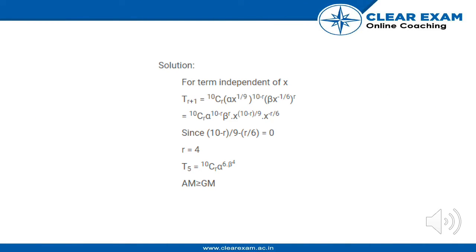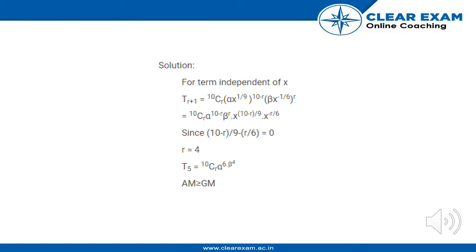And the solution is, for the term independent of x, we are calculating T(r+1) is equal to 10Cr into (alpha x^(1/9))^(10-r) into (beta x^(-1/6))^r.